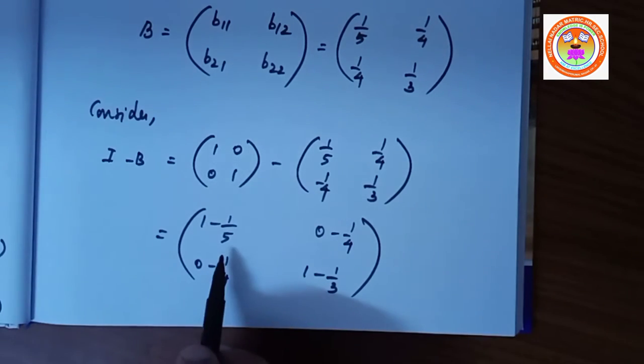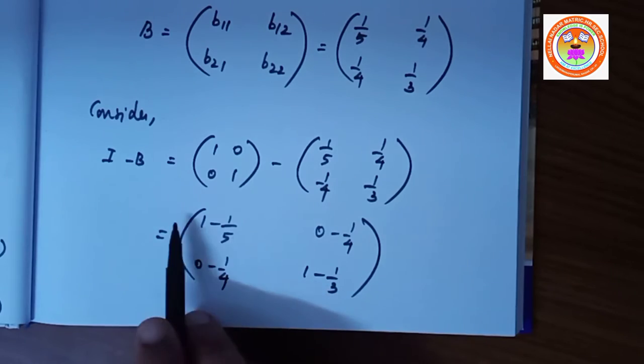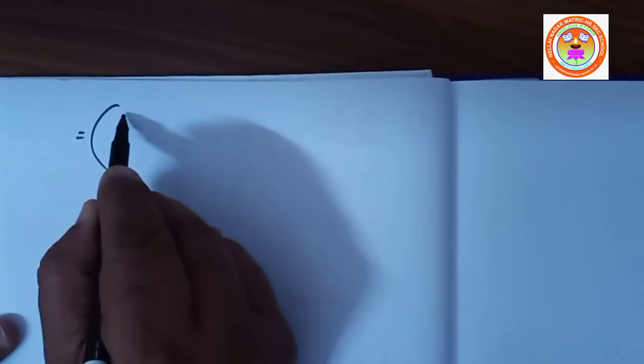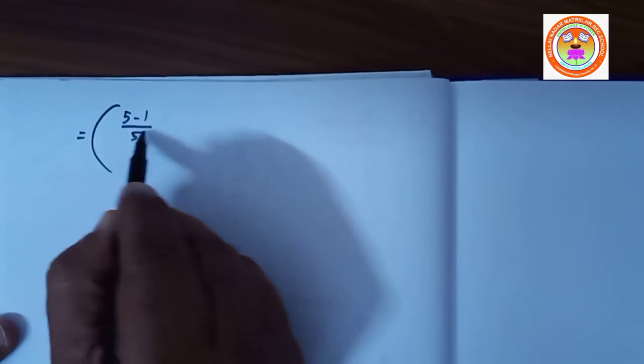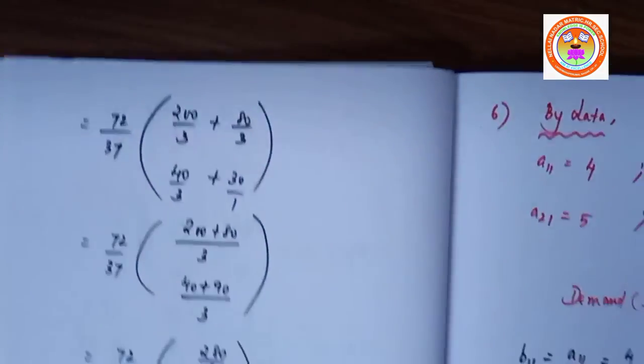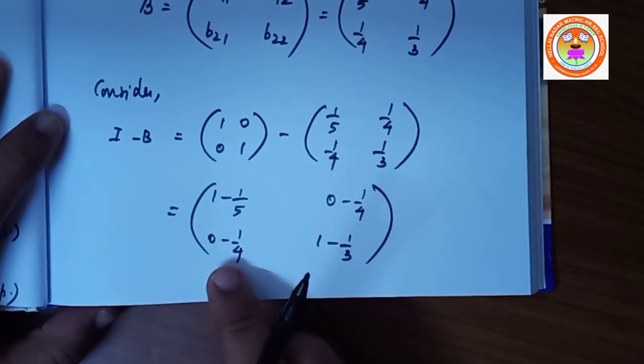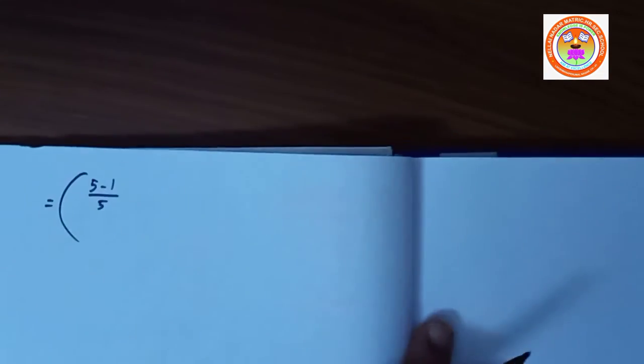Okay. Here the LCM is 5, we will be getting 1 minus 1 by 5, that is equal to 5 minus 1 whole divided by 5. The next one is 0 minus 1 by 4, that is minus 1 by 4. Here also minus 1 by 4.